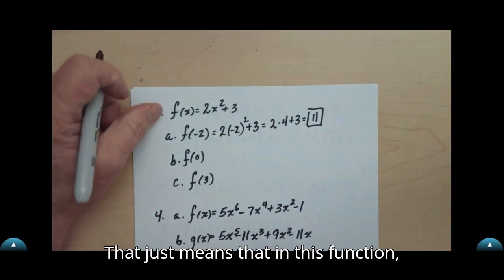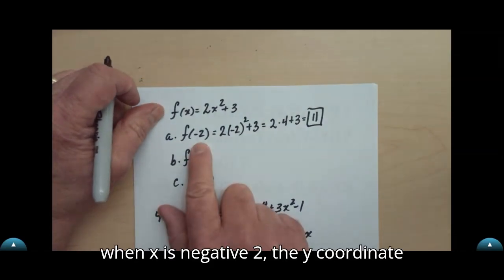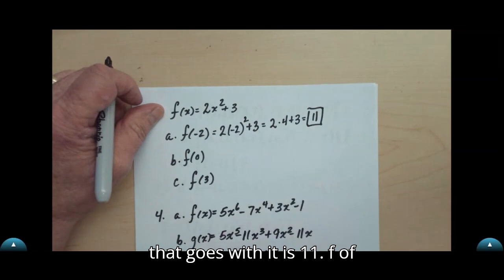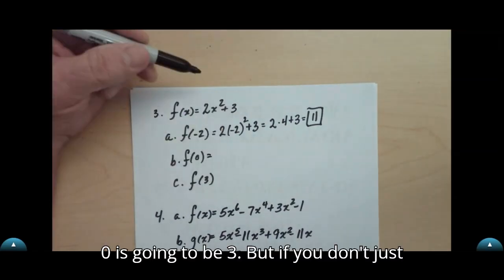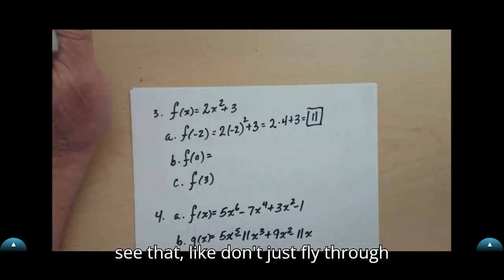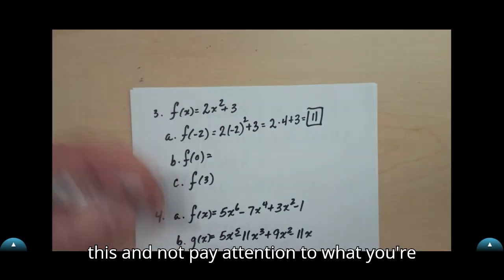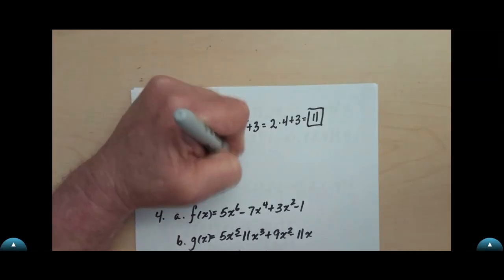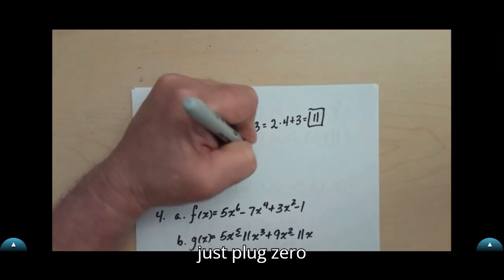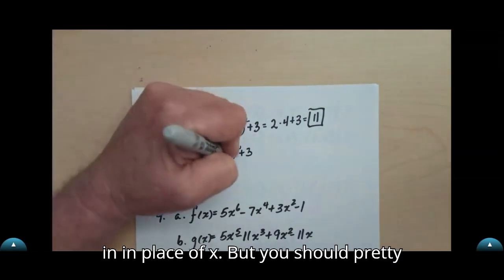That just means that in this function, when x is negative 2, the y coordinate that goes with it is 11. F of 0 is going to be 3. But if you don't just see that, like don't just fly through this and not pay attention to what you're doing. If you don't just see that, just plug 0 in place of x.